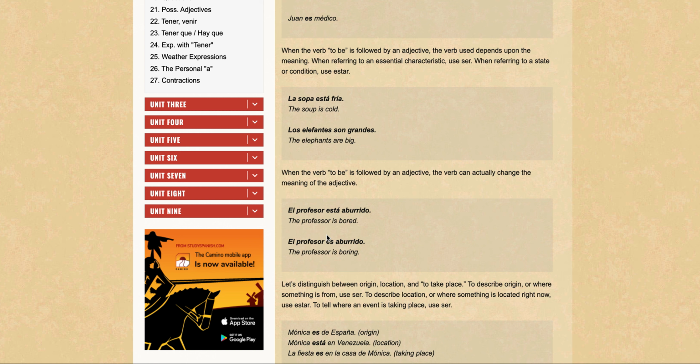The professor is bored is a state, it's a condition. That's how he is currently at the moment, and therefore using the está form. But el profesor es aburrido means the professor is boring. So that's a characteristic, right? So therefore using the ser form, and that's third person singular is.